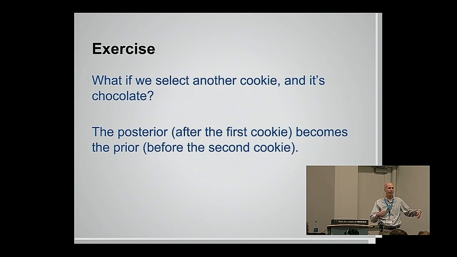The probabilities are the same. So bowl number 1 is still 3/4 vanilla. Bowl number 2 is still 50-50. I'm going to come around and look over your shoulders and see if this is making sense.